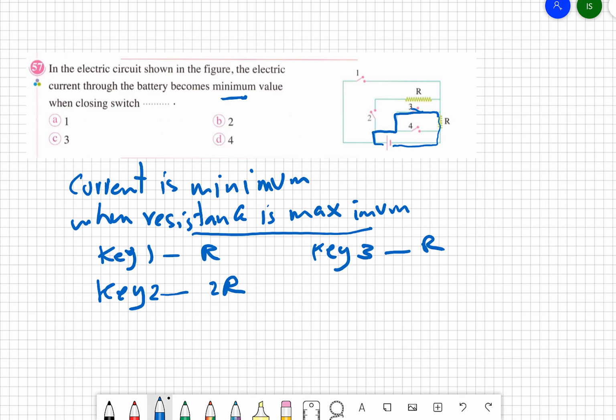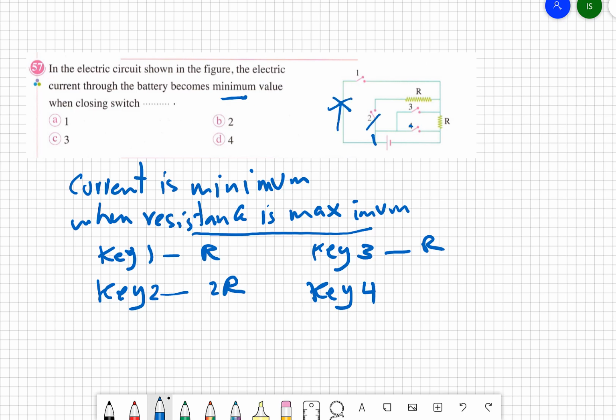So let's try key 4. Switch off. Key 4. So the current will move in this direction and there is no resistance. The resistance is only for the wire because there is no other direction it can move through. It cannot move through here.